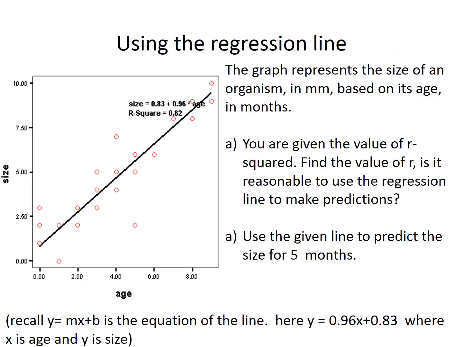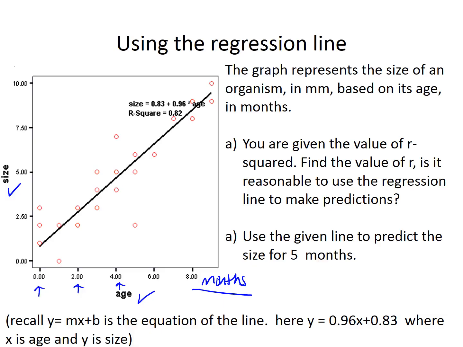So using the regression line, here we have age and size. The graph represents the size of an organism in millimeters based on its age in months. So it looks like these here are months, 2 months, 4 months, right? It says age there, but that's months.